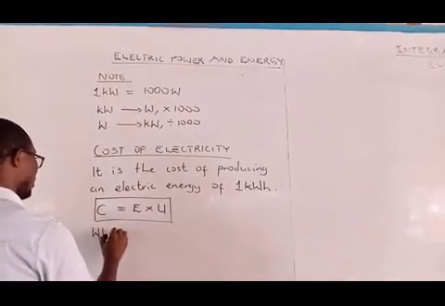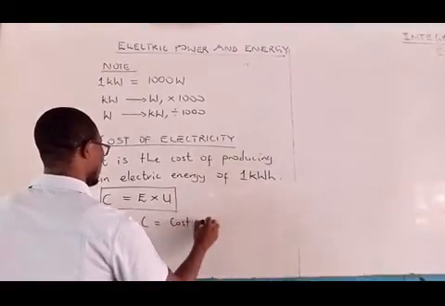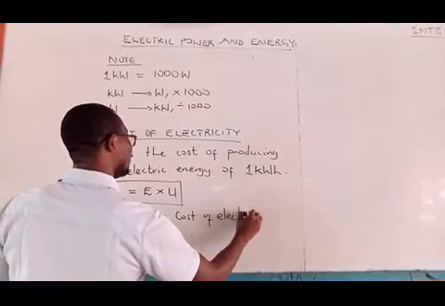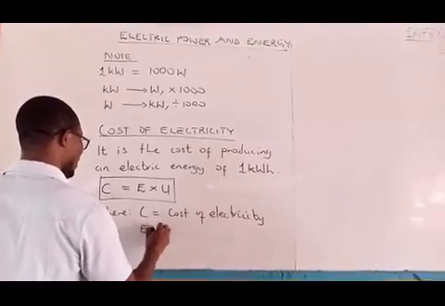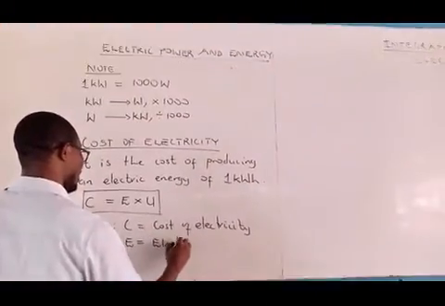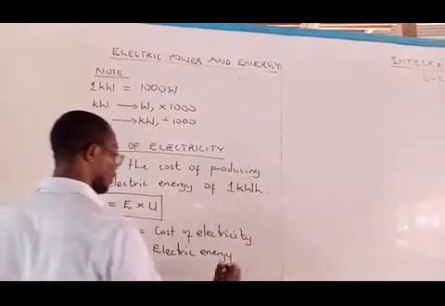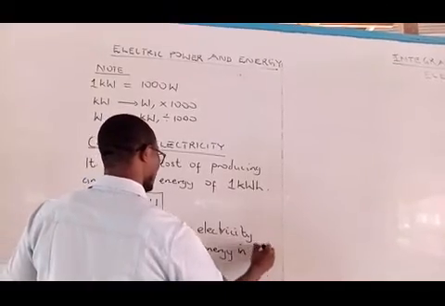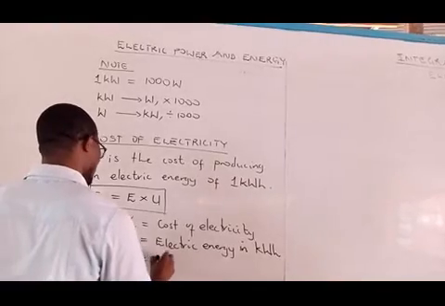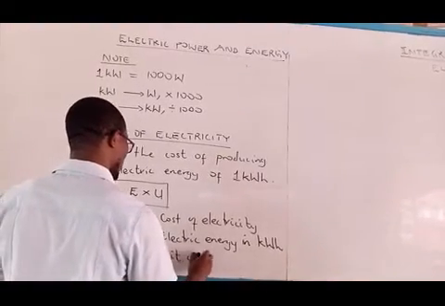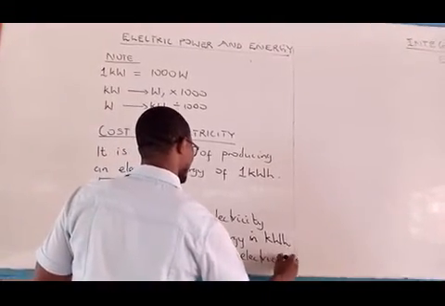Where C is equal to cost of electricity, E here is electric energy in kilowatt hour, and U is equal to unit cost of electricity.